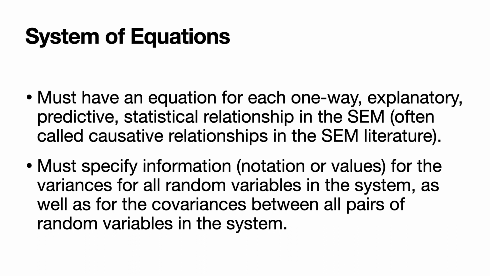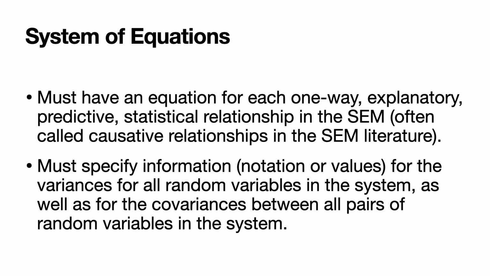And so let's first look at specifying an SEM as a system of equations. To do this, we must have an equation for each one-way, explanatory, predictive, statistical relationship in the SEM. Now, these are often called causative relationships in the SEM literature, but I'm going to stay away from using that word, because they use the word causative a little differently than we might use it in general.